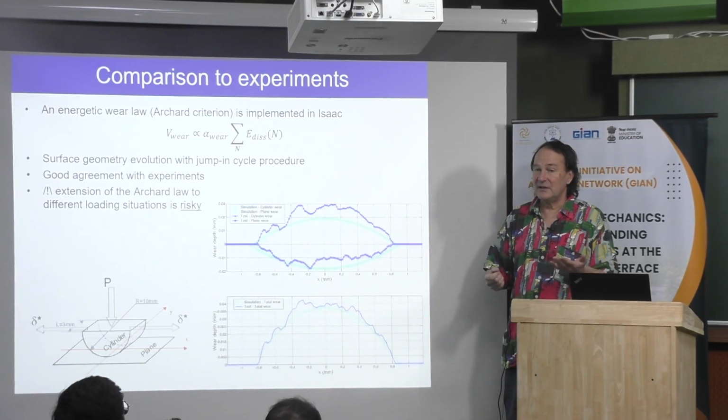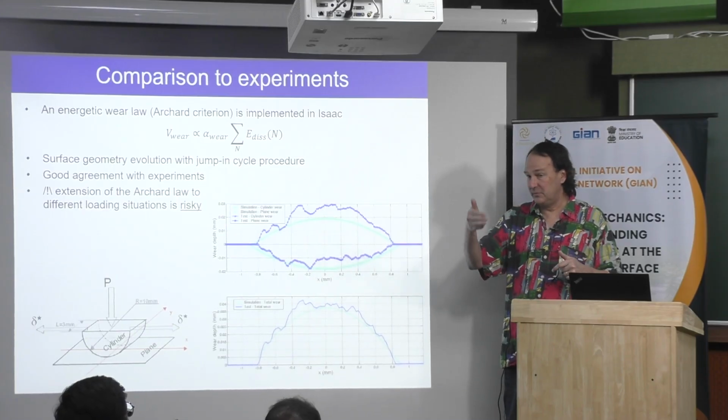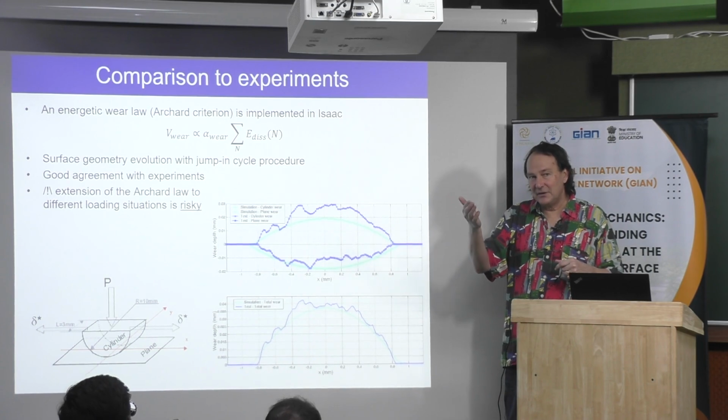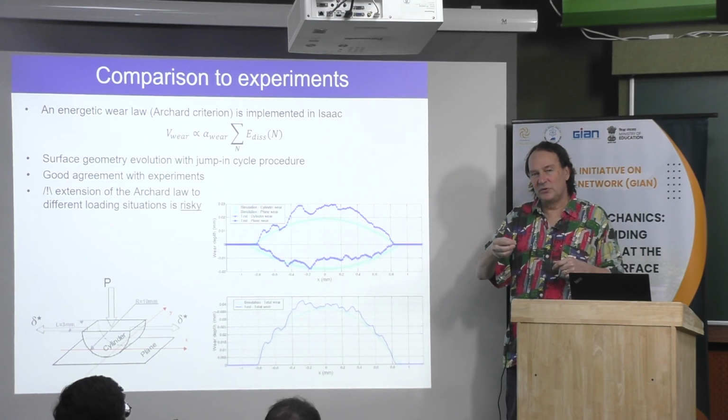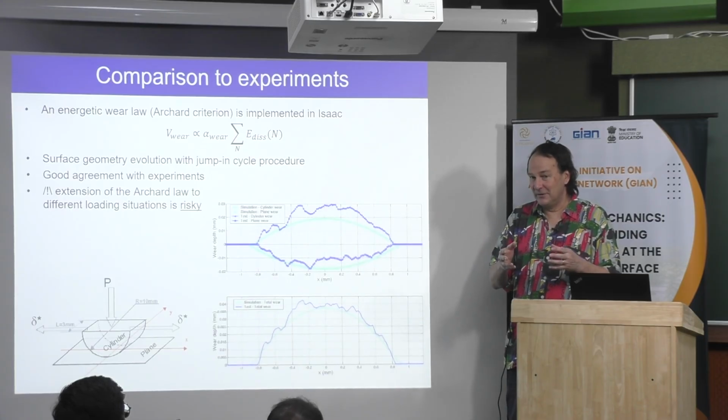Now, if you don't know exactly the wear coefficient, it's not a problem, in fact. It can be 1, it can be 10, it can be 100. It means that, for example, if the wear coefficient is equal to 1 and you have to make 1 million cycles, this is equivalent to a wear coefficient equal to 10, but with only 100,000 cycles.